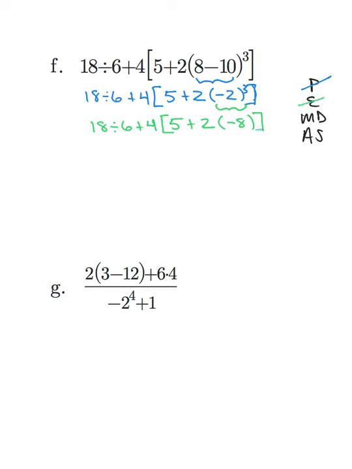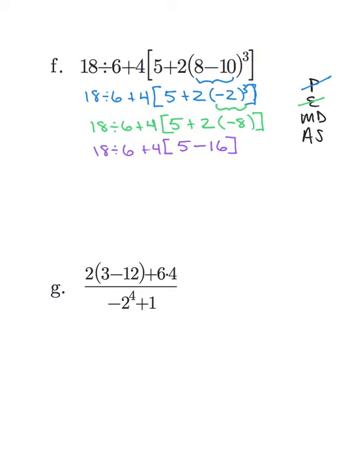From there, we can multiply inside the brackets, and we get 18 divided by 6 plus 4 bracket 5. 2 and negative 8 combined to negative 16. You can either write that as plus negative 16 or just minus 16.